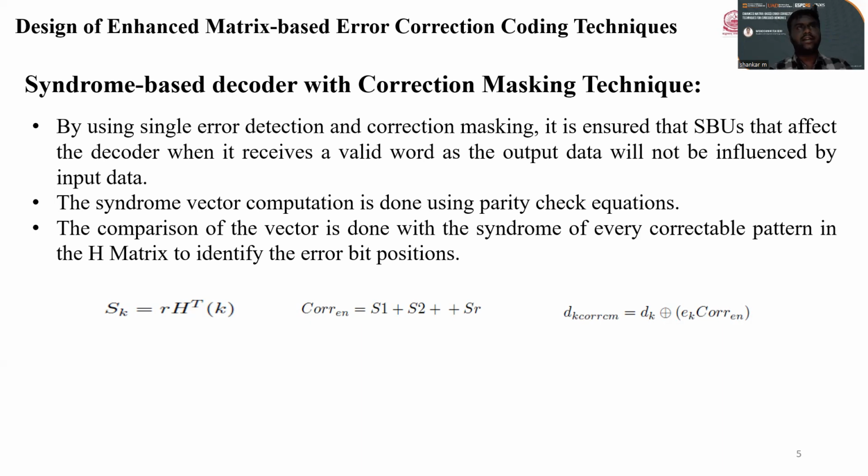The other technique which we are implementing with this syndrome-based decoder is the correction masking technique. So what is the use of this technique and why are we implementing it with this decoder?